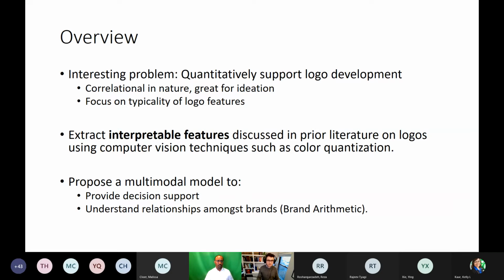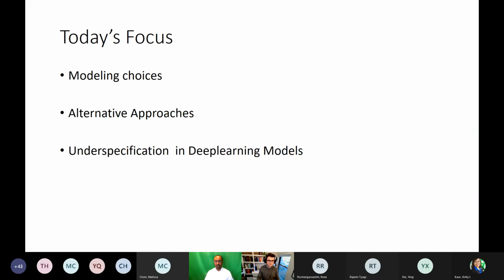So I'm going to focus my comments on the modeling choices and some alternative approaches, and I know Ryan mentioned he's already looked at some of those, and maybe that's part of what I'll be talking about here. And also a separate concern in general about underspecification in deep learning models, which is not specific to this paper, but would be of interest, I think, to this audience.